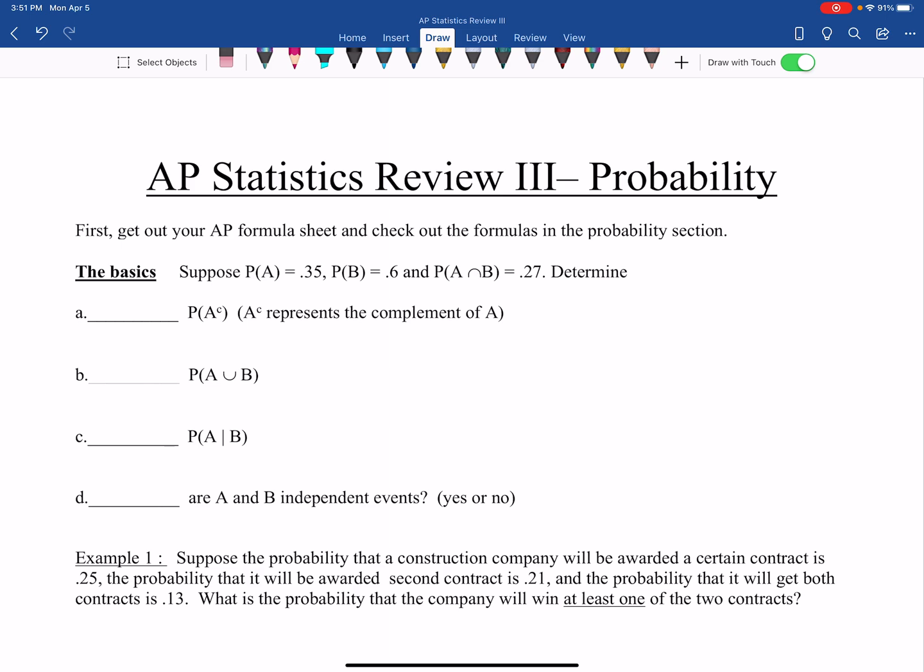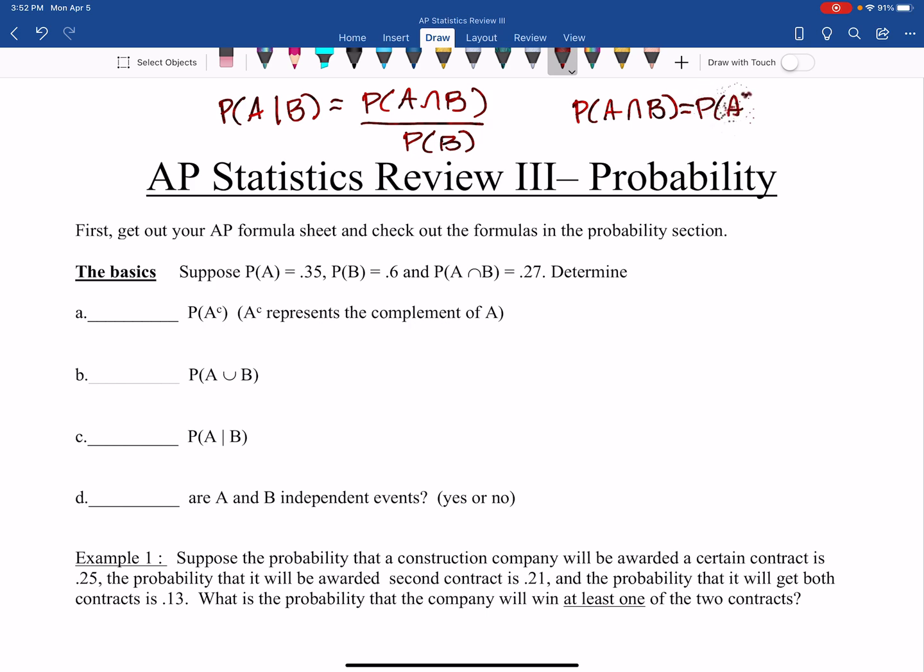So the first thing that you are given on your probability sheet is the probability of A given B is the probability of A and B over the probability of B. And the other that you're given is the probability of A or B is the probability of A plus the probability of B minus the overlap, which is the probability of A and B. I wrote that the wrong way, that should be or.